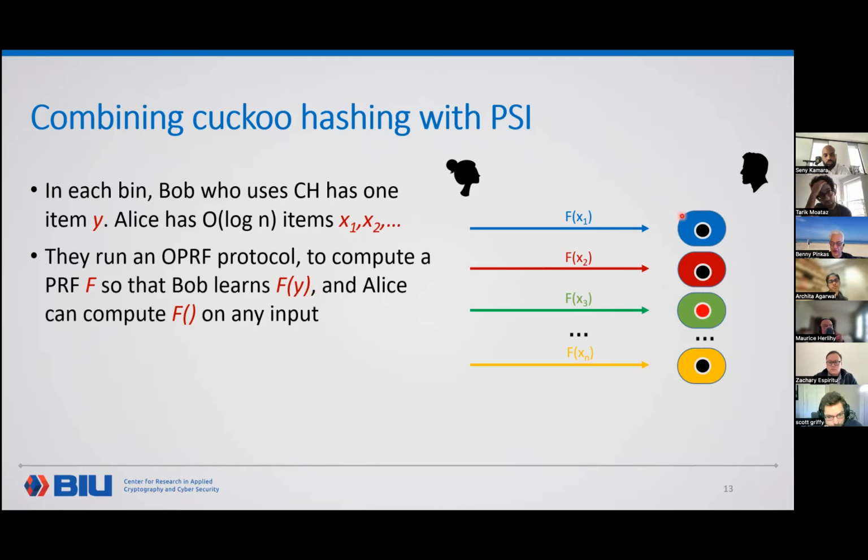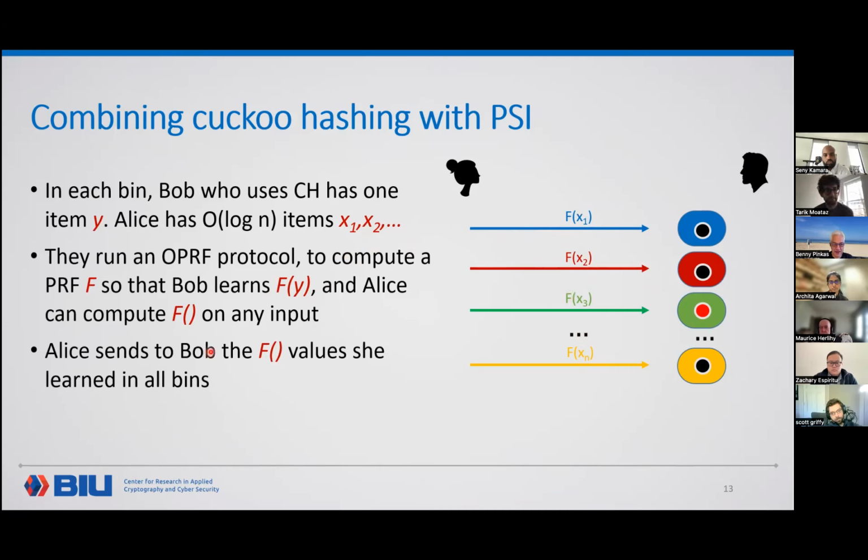So Bob, for each bin, computes F of his input. This should have been F of Y1 up to Yn. These are Bob's inputs. And Alice knows the key. She can compute the encryption F of all of her inputs. So Bob gets this for each of his items, and Alice at the end sends him F of all of her items, and he compares these 2 lists.